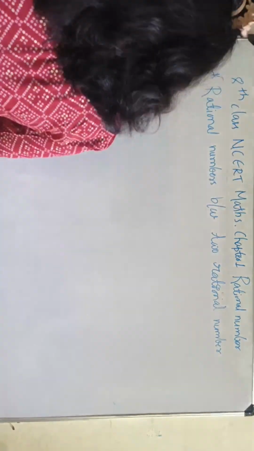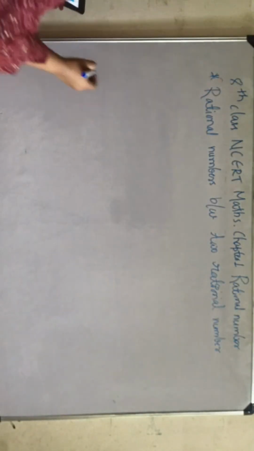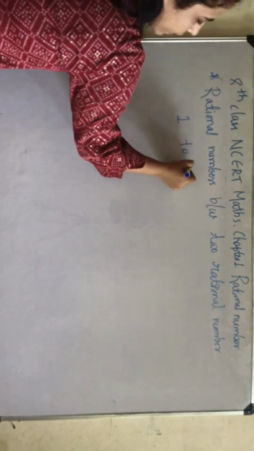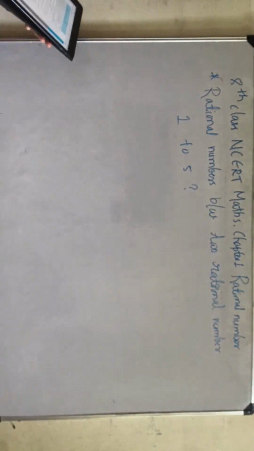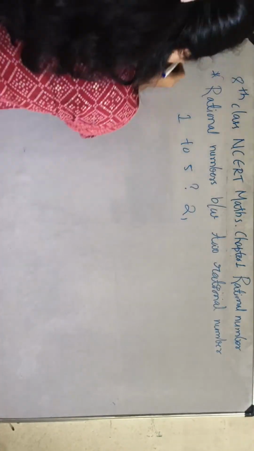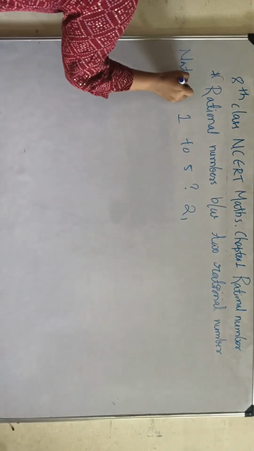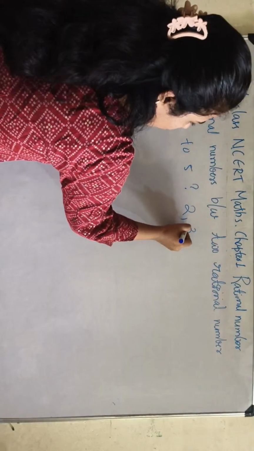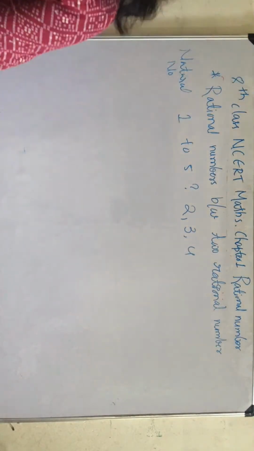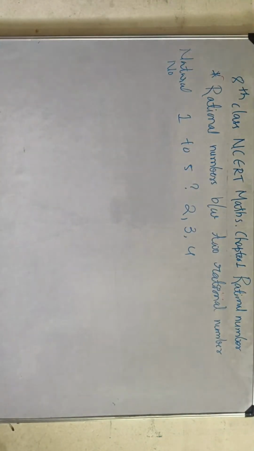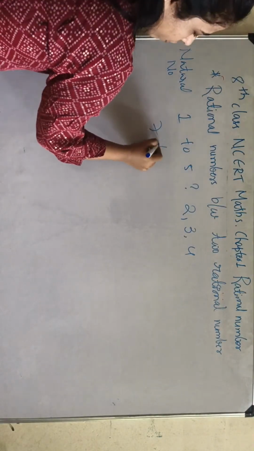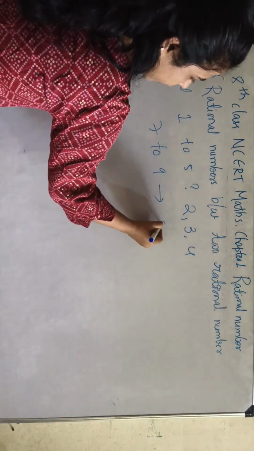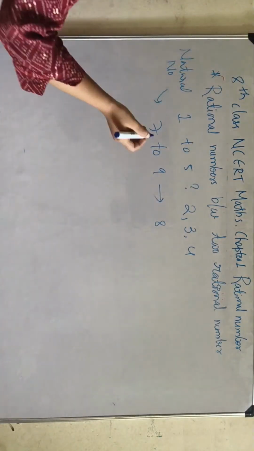If I ask you, can you tell the natural numbers between 1 and 5? 1 to 5, what are the natural numbers? It is 2, 3, 4, right? Then if I ask you, how many natural numbers are there between 7 and 9? It is 8 only, because we are seeing the natural numbers.